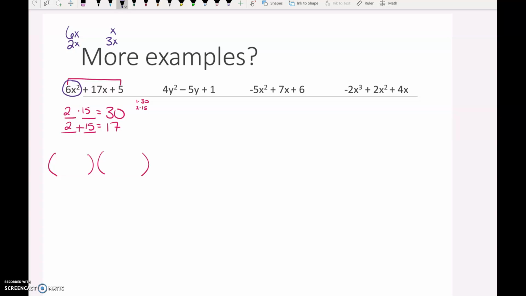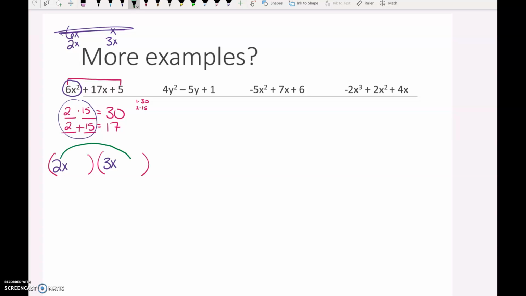I like to look at my numbers to give me a hint, because I would have to do 6x times something to get either 2 or 15x. That's not going to work. I need this to be 2x and 3x, because I could do 2x times something to get 2, and 3x times something to get the 15x. So I think 2x and 3x are definitely the way to go.